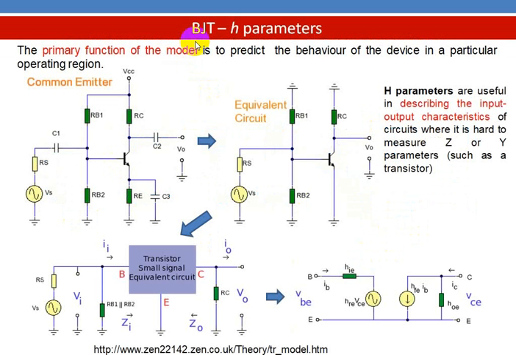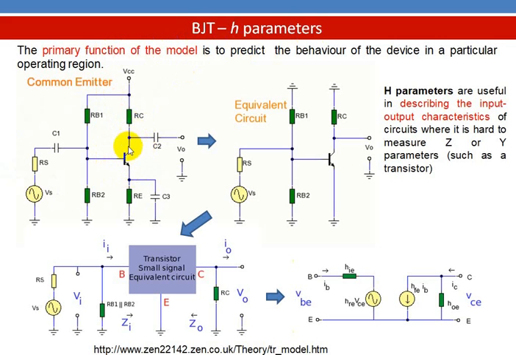Coming to the H parameters, the H parameters will be provided by the manufacturers for a particular device. If you want to analyze the transistor circuits, we need an equivalent model for the transistor. To construct a model, we need these H parameters.